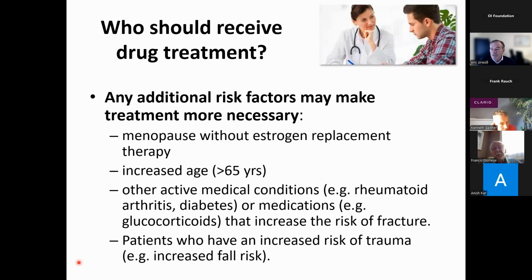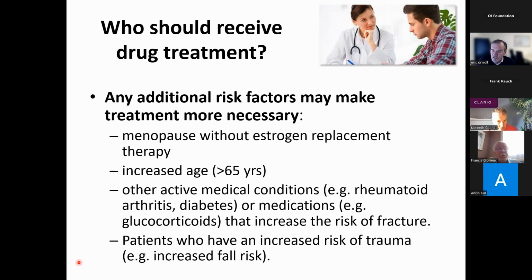Increased age, fracture risk goes up in anyone as age increases, and it looks like it's true in people with OI. So that may be a factor that influences the decision to recommend drug therapy. We know there are a variety of medical conditions or medications that reduce bone strength and increase fracture risk.